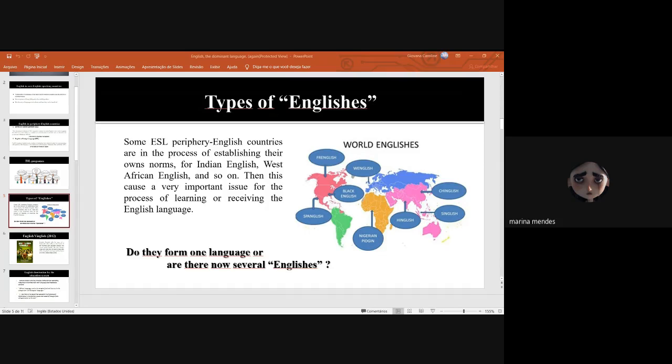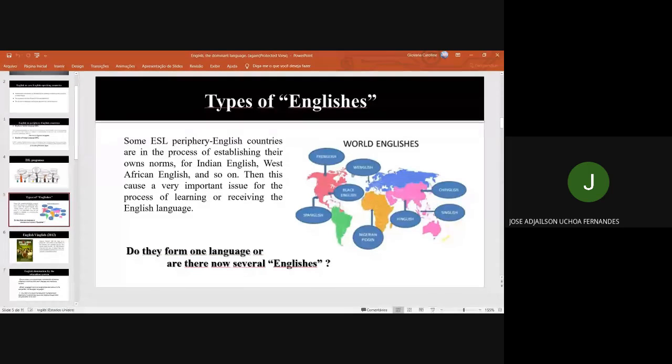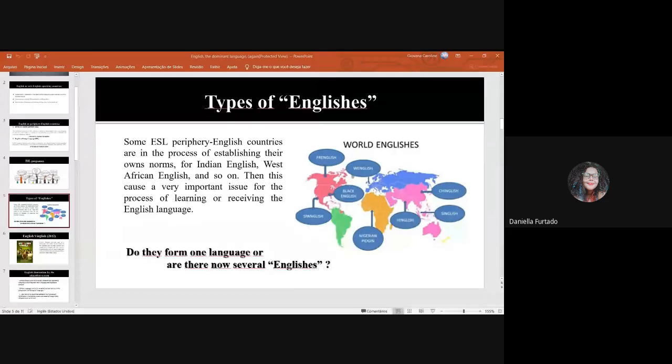So let me hear your opinion, guys. Do you think that they form one language or are now several Englishes? What do you think? I think they form several languages.